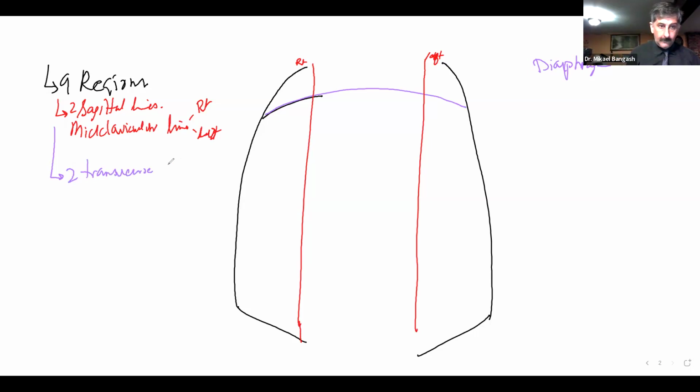Now, the first one is going to be at the level of the 8th rib. So what you mainly will see here is that this here is your 8th rib. So on both sides, a transverse line along the level of the 8th rib.